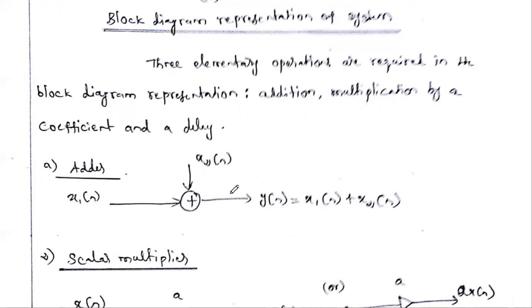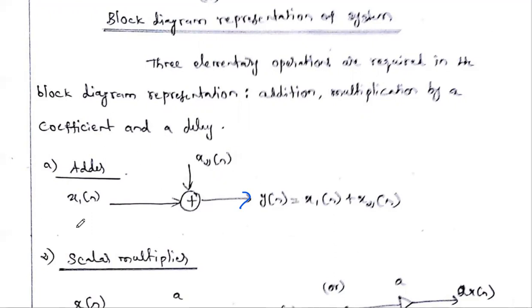The adder has multiple inputs but only one output, so it is a multiple input, one output device. The output is represented by a line with an outward arrow. The output of this adder is x1 of n plus x2 of n.